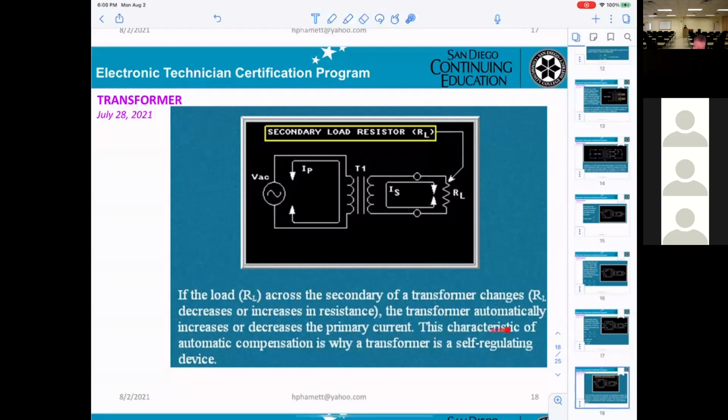This characteristic of automatic compensation is why a transformer is a self-regulating device. They're telling you if the load value here changes, then the transformer will automatically compensate.